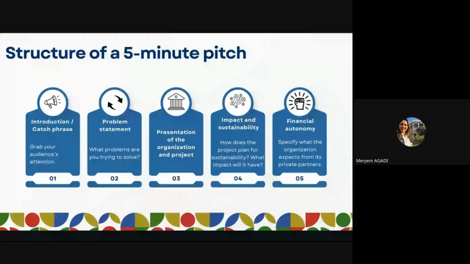Do you need money? Do you need logistics? Do you need human resources? Do you need maybe a laboratory to do some research and development? All these parts and sides should be mentioned at the end of your pitch.